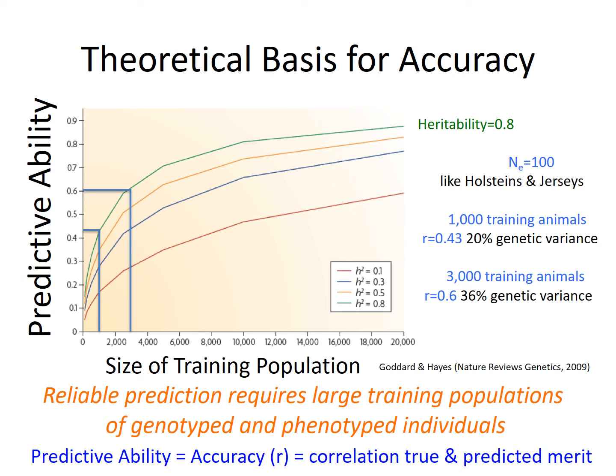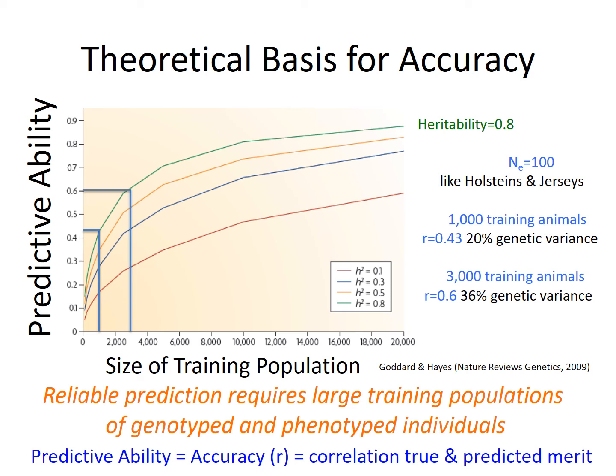So to explain 20% of the genetic variance in breeds such as Holsteins and Jerseys, we would need a correlation of 0.43. 0.43 times 0.43, R squared, would be 20%. According to this graph, for a high heritability trait, we'd need 1,000 animals in our training population that have genotypes and phenotypes.